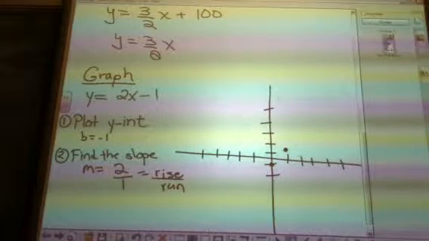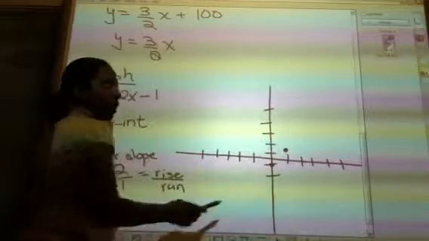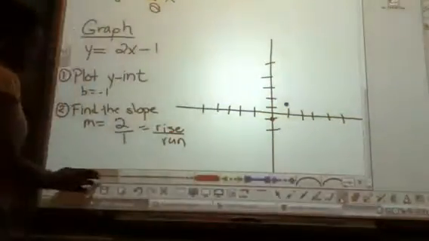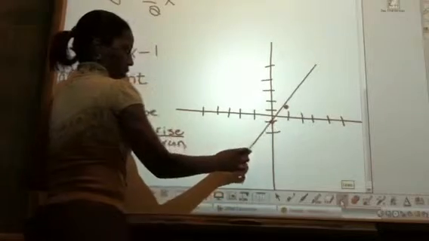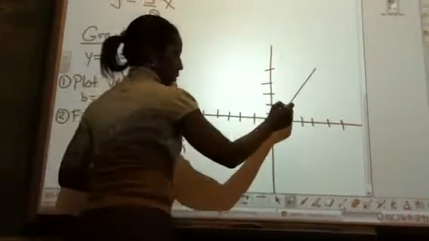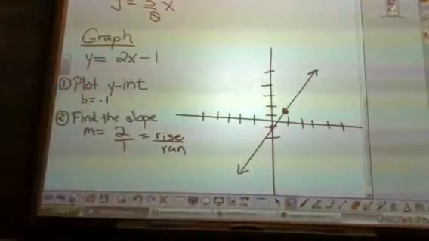I had skipped it the first time. So up 1, 1, 2, and to the right 1. Oh, 0 does count. Just because it's a smart board and doesn't want to make a dot, but it's supposed to. So there's my graph.